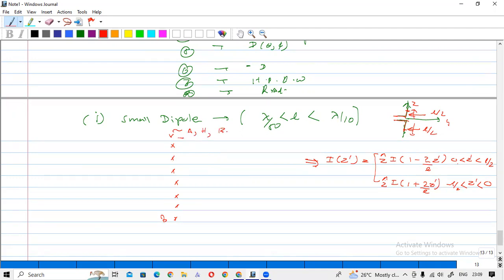Then you can calculate the average power density, total power, radiation intensity, then the directivity function, the directivity, the radiation pattern, the half power beam width, then the radiation resistance. All these parameters you should be able to calculate.